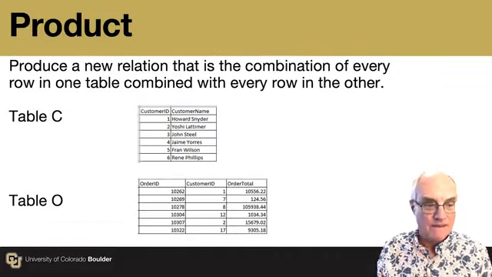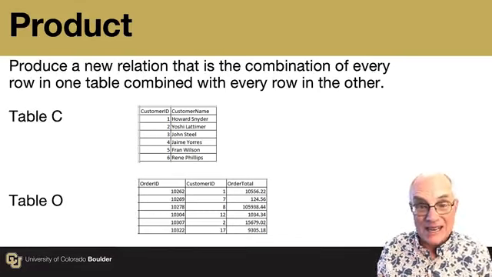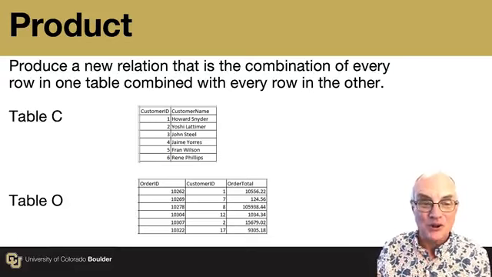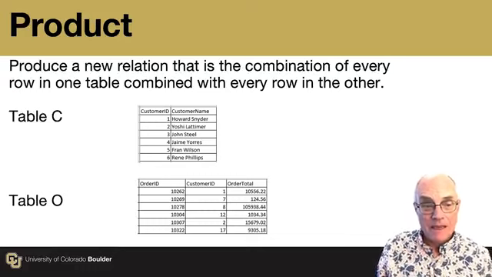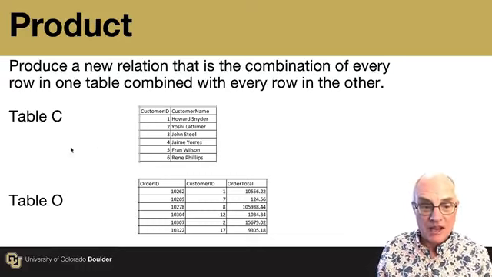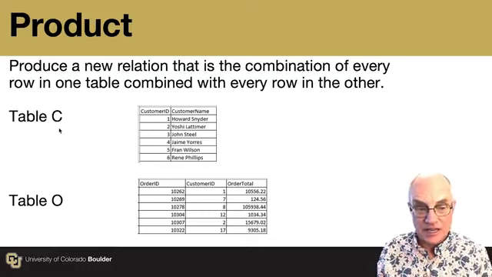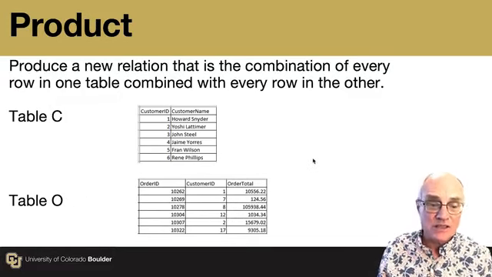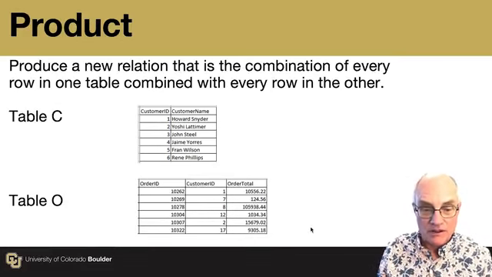So I can do another relational algebra operation called a product. Basically, a product is the result of a multiplication. And a product will take one table, like table C, times another table, like table O. And what it does is it combines every row of one table with every row of another table.